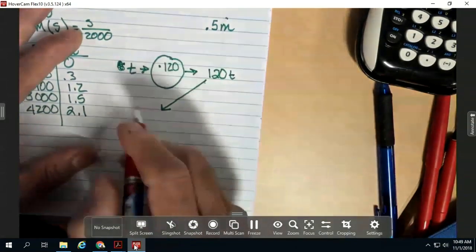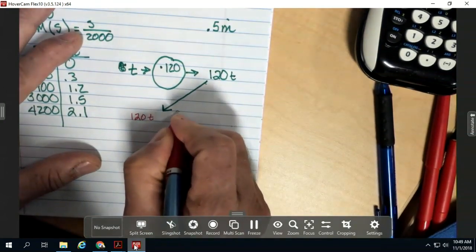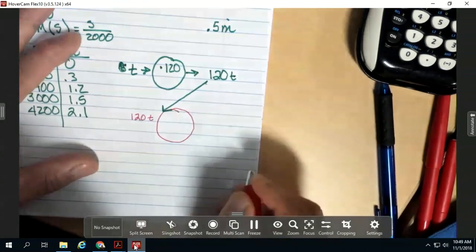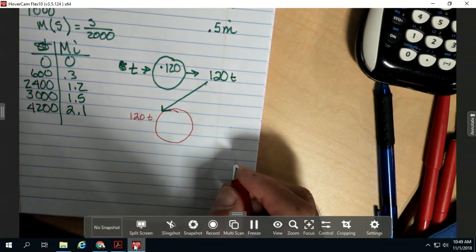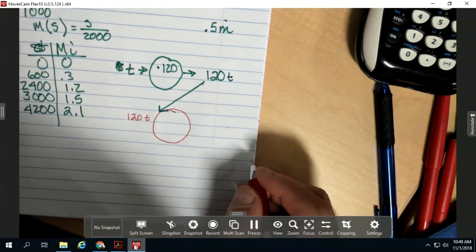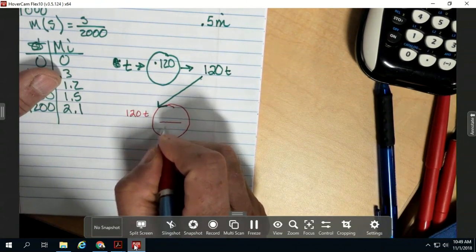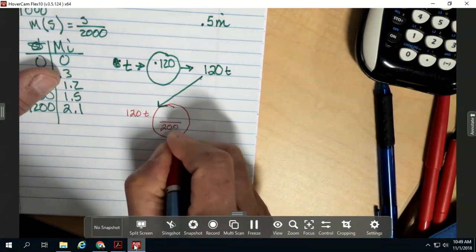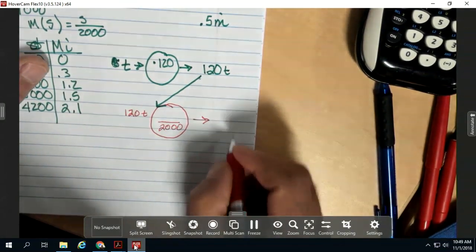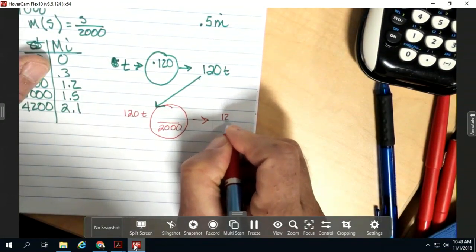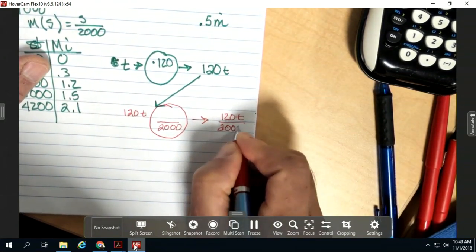He takes that information, 120 t, and puts it into the machine, and the machine takes that and divides it by 2,000, and so his number of steps will be 120 t divided by 2,000.